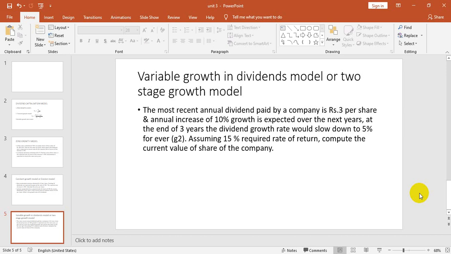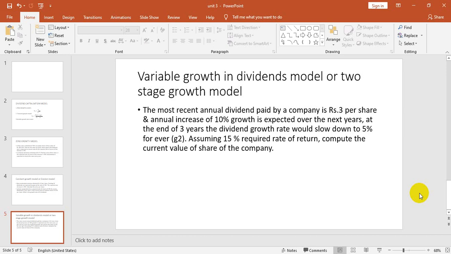So for 1, 2, 3 years it will increase, 3 into 10%, and again you need to accumulate them. Like that you need to go on adding them. Assuming 15% required rate of return, compute the current value of the share. So you need to take the 15% required return, and like that you need to compute the value of the share also.